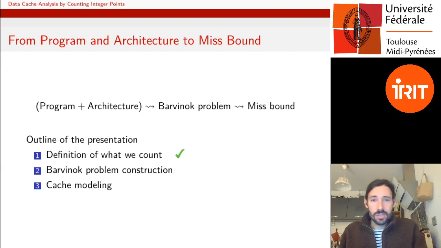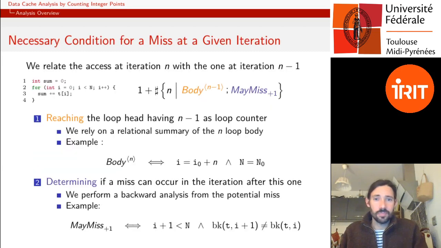Now let's look in detail how we are going to construct a problem such that if Barvinok solved it, we've got our miss bound. The idea of the work is going to relate the access at iteration n with the access at a previous iteration. So first of all, if there is no previous iteration, we just say that it's a miss.